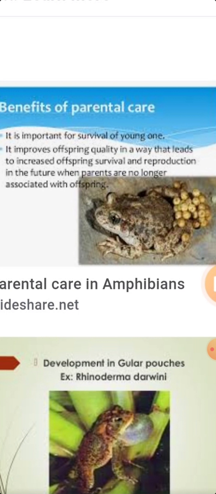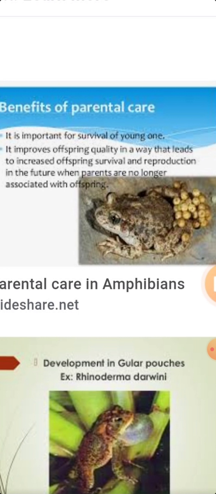Alytes is specially named the midwife toad because of its interesting pairing and the peculiar mode of taking care of the eggs by the male. Several males collect around a female. One male succeeds in grasping the waist of the female.